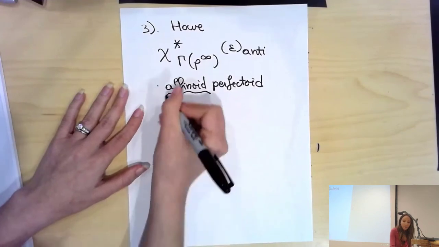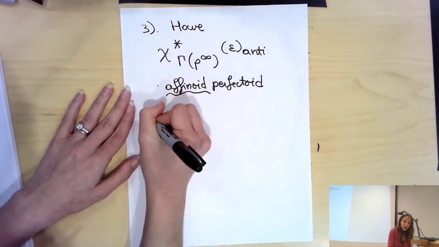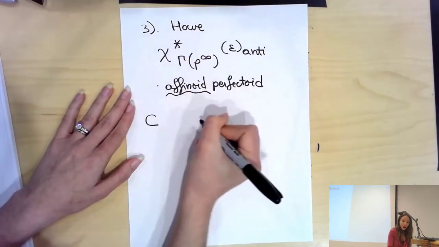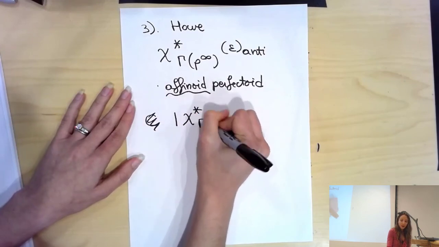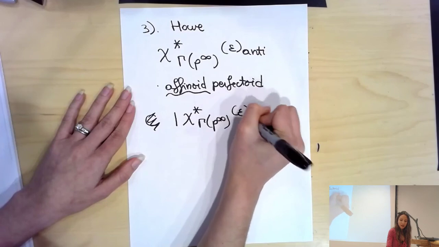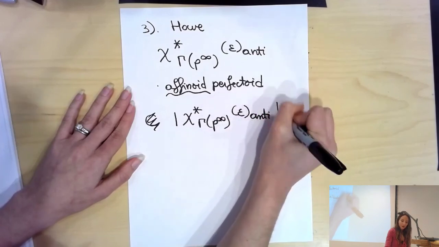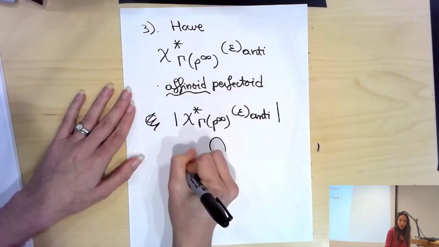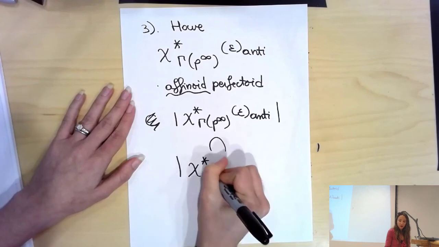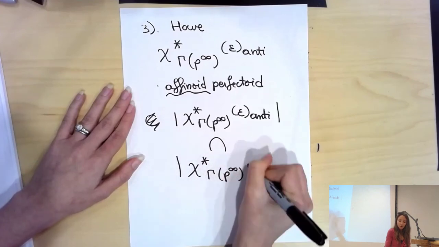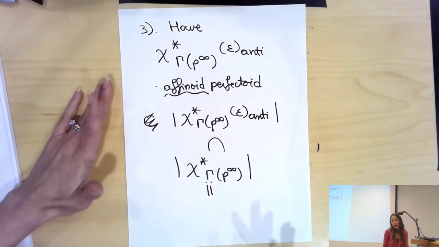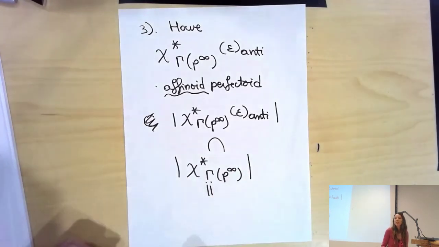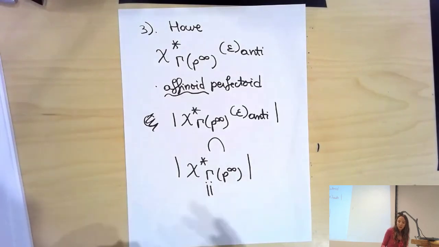Okay, now this space is contained inside, maybe I'll say the underlying topological space is contained inside, the candidate topological space that we have for our perfectoid modular curve. I told you what it means for a perfectoid space to be an inverse limit of spaces in a tower.